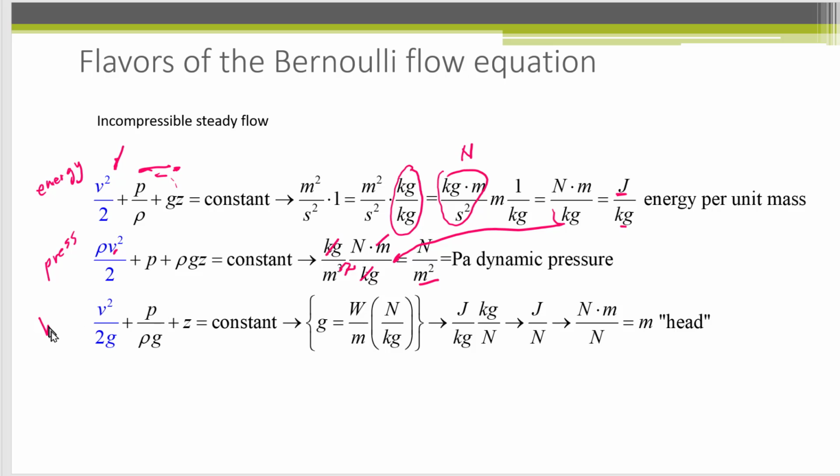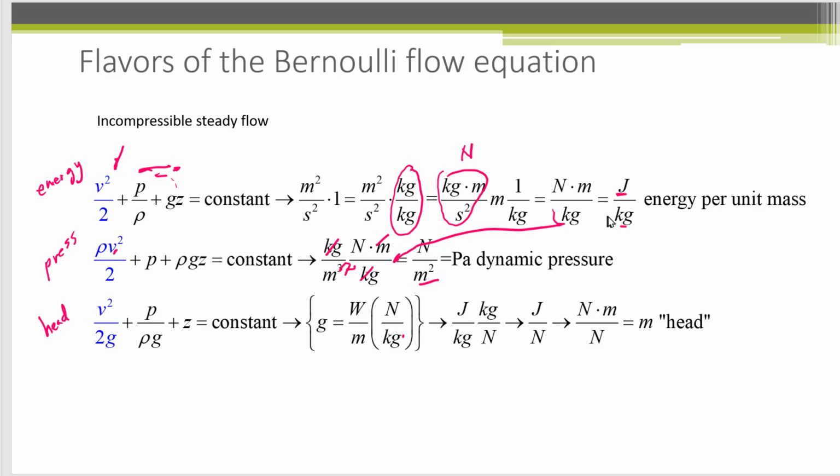In this last form we have the head form, which is height or length. We can get this by dividing by g. So dividing this equation through by g, we have this. Now the units for gravity are based on W equals mg. If we rearrange that, we end up with newtons per kilogram.